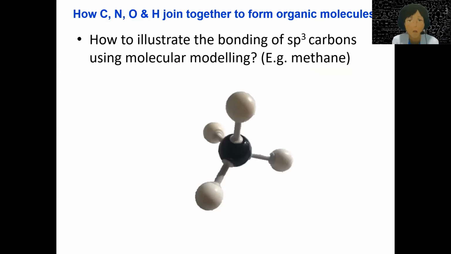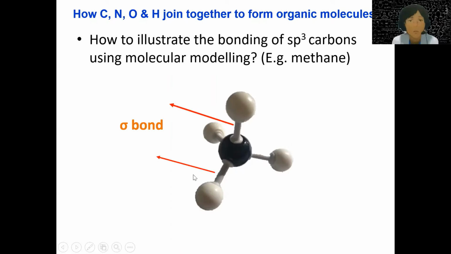So now, how do we illustrate the bonding of sp3 carbons using molecular modeling? For example, methane. This black atom here is carbon in the molecular model, and hydrogen is represented by the red balls. All these bonds are single bonds.